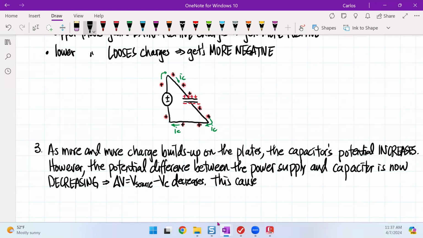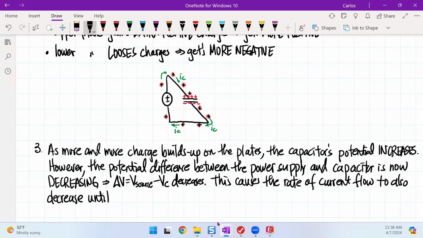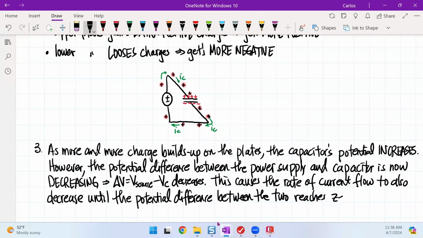This causes the rate of current flow to also decrease until the potential difference between the two reaches 0.